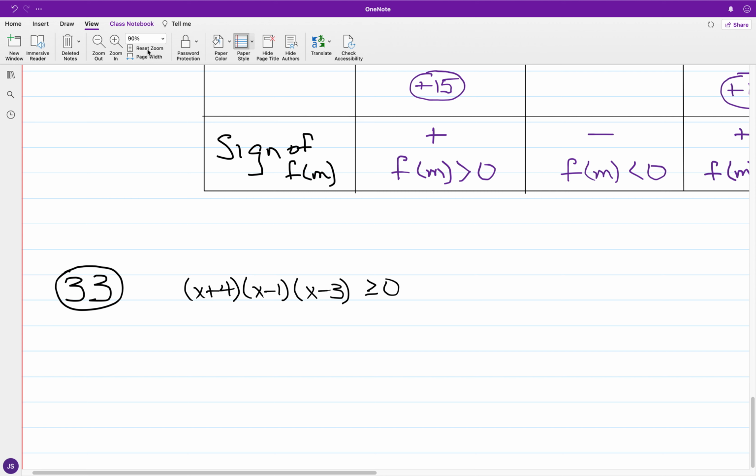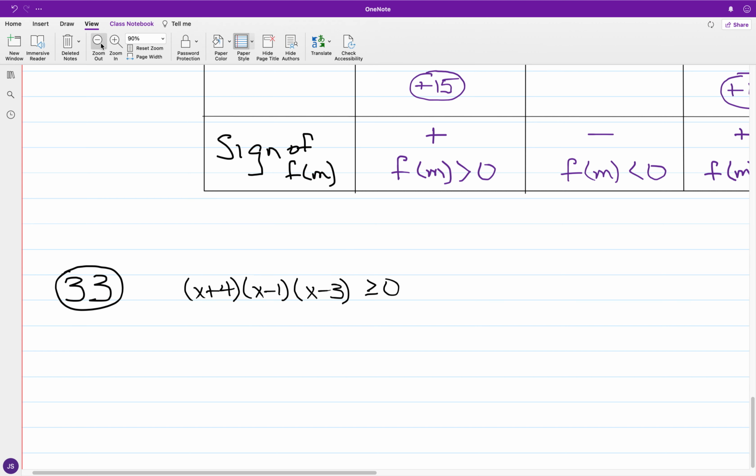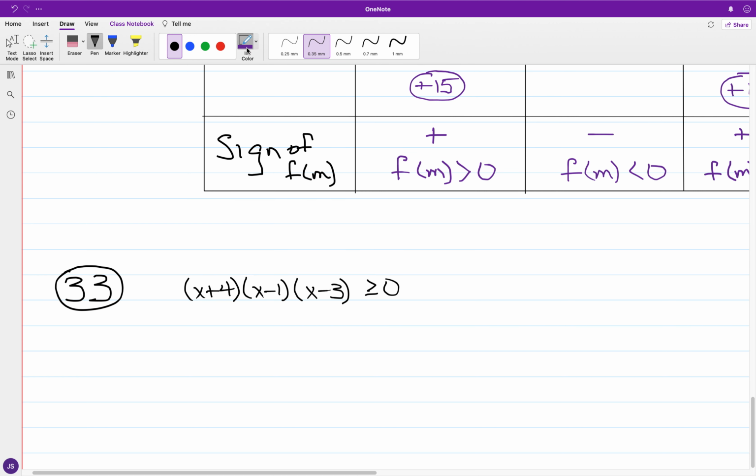So in this particular case, I have already with the factored form that f of x is greater than or equal to 0.